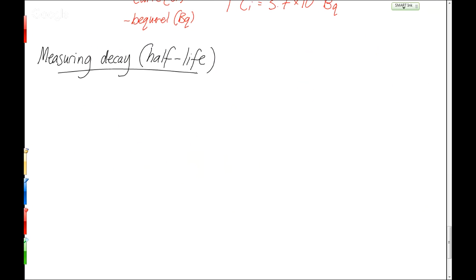Half-life is not unique to nuclear chemistry. Anybody know what a half-life is? It's like the amount of time it takes for half of the population that you're looking at to decay, like the bacteria. It's a common one to use. Sure.